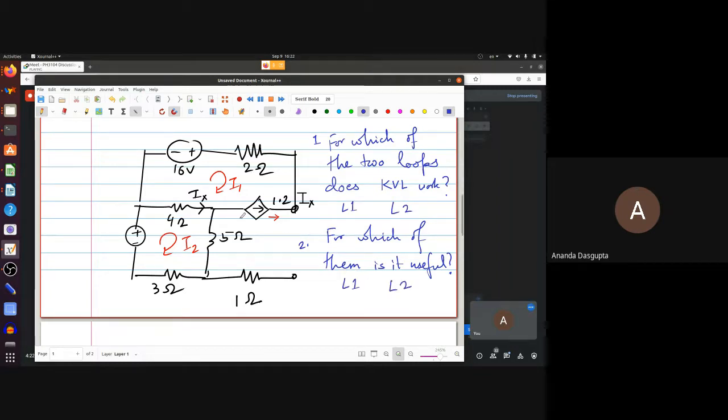These are the options. Loop 1 meaning the one where I marked a current of I1 and so on. So what would you say?